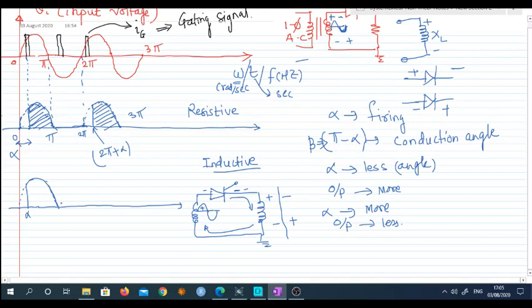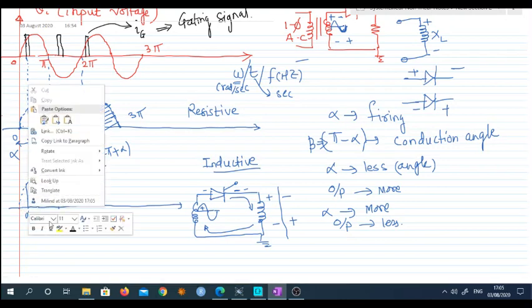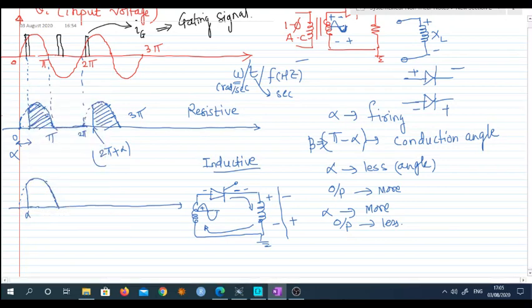Now due to the inductor connected at the load side, the inductor will continue its current, because at alpha the current will start building up in the circuit. Here the current will start from this point and end at this point. So there is no question of terminating the current.